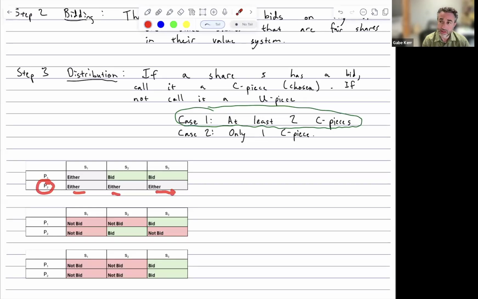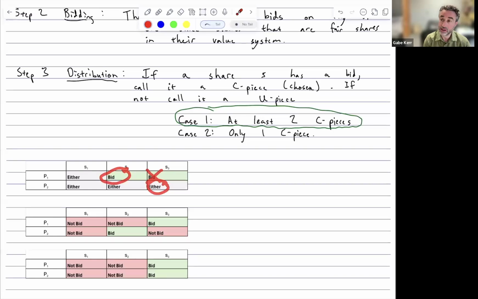So at least one of those must be a fair share for P2, for the second player. So all you do is choose one of the ones that P2 has as its fair share, and then since P1 has two of them, maybe this was the fair share for P2, but then this is a fair share for P1.